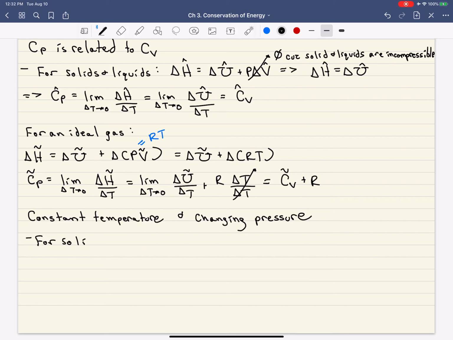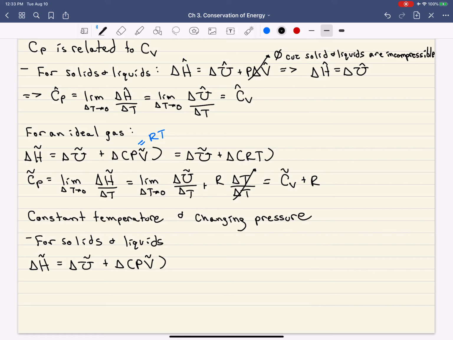So for solids and liquids, we once again begin by looking at delta H. I'm going to deal with it on a molar basis in this case. So that's going to be equal to delta U plus, once again, I'm going to put the P and the V inside the delta here.